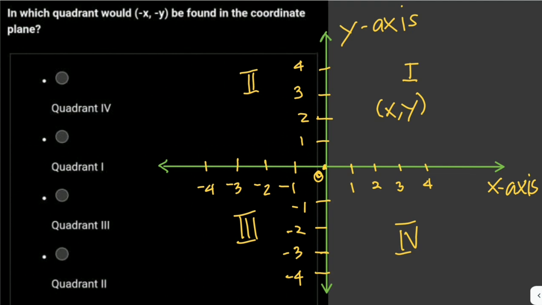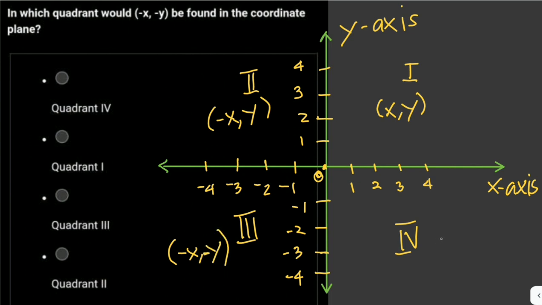And on the second quadrant, the values of x are negative while y are positive, and the values of x and y in our third quadrant are both negative.